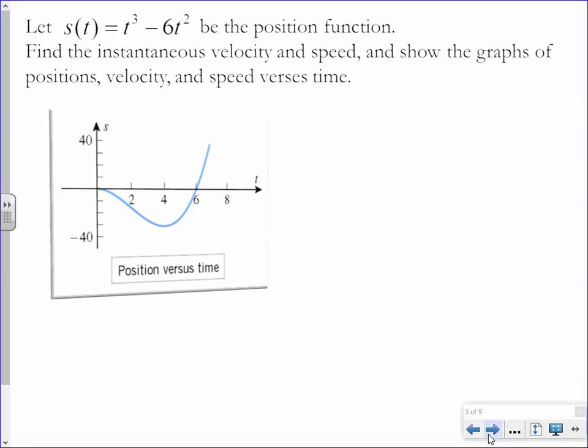Keep in mind that position is describing where we are in relation to the origin, and velocity is describing which way we're moving. So this is that equation right there.